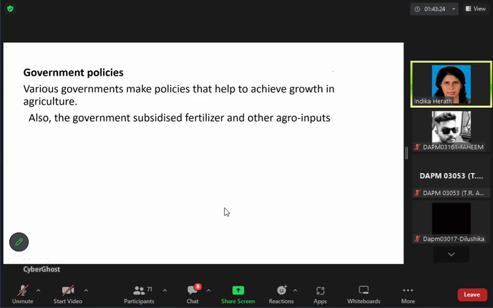And government policies are something that is really affecting countries like us. Our countries do not have healthy government policies. That's why investors are not happy to invest in our countries, because the policies are very unfavorable for the investor.